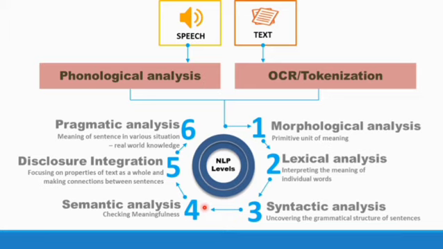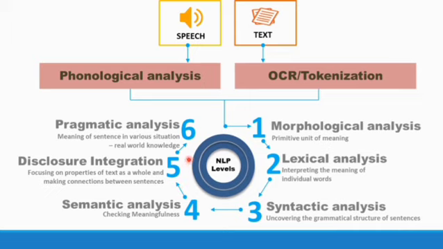And then we move to level 5, which is discourse integration. Since we have known the meaning of individual sentences, under level 5 we make connections between the sentences. By building relationships between different sentences, we try to understand the whole speech or whole text.